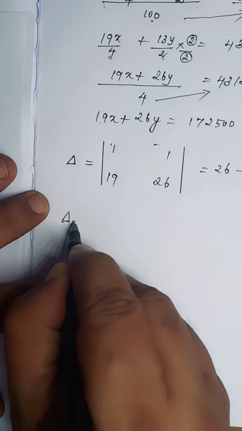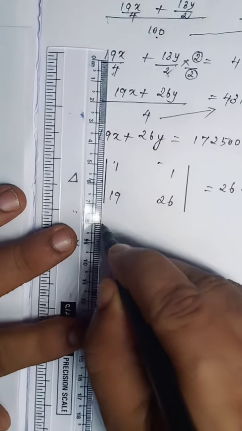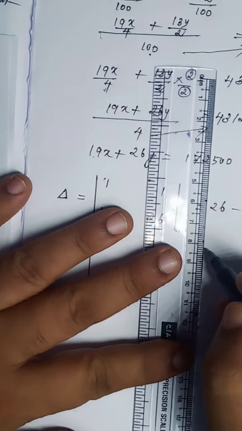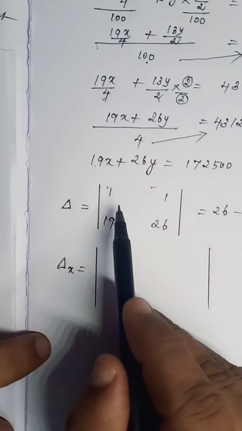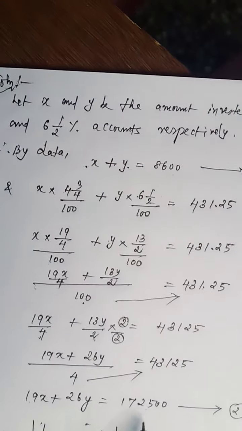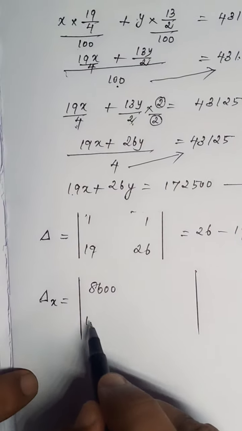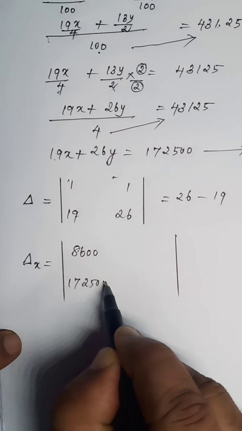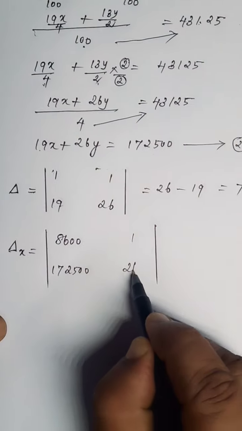So that you have to find out del x. Del x, that is also a 2 by 2 minor. The first column of delta should be replaced by the constants 8600 and 1,72,500. Second column of delta, write as it is.